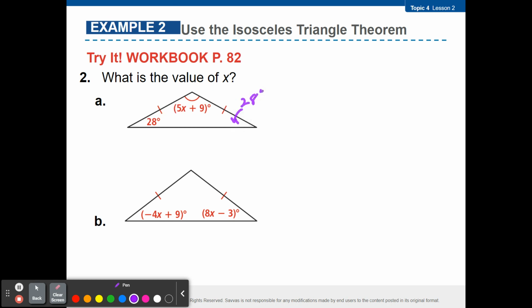All right. Now, what do we know about triangles in general? Yeah. They add up to 180 by the triangle sum theorem. So this is going to be 28 plus 28 plus 5x plus 9 equals 180. Why don't you guys solve for that and tell me, what does x equal?